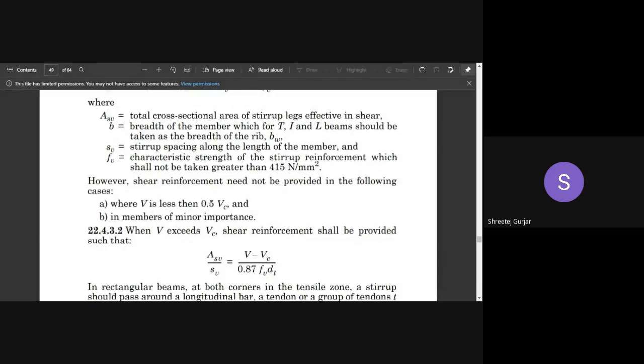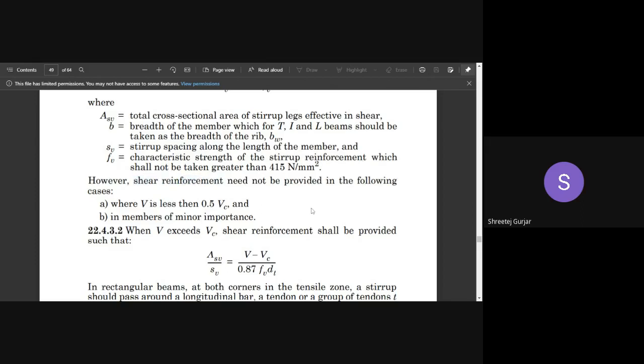A few more considerations over here. However, shear reinforcement need not be provided in the following cases. First case, where V is less than 0.5 times VC. If you calculate half of VC and V is even lesser than that, we need not provide any shear reinforcement.